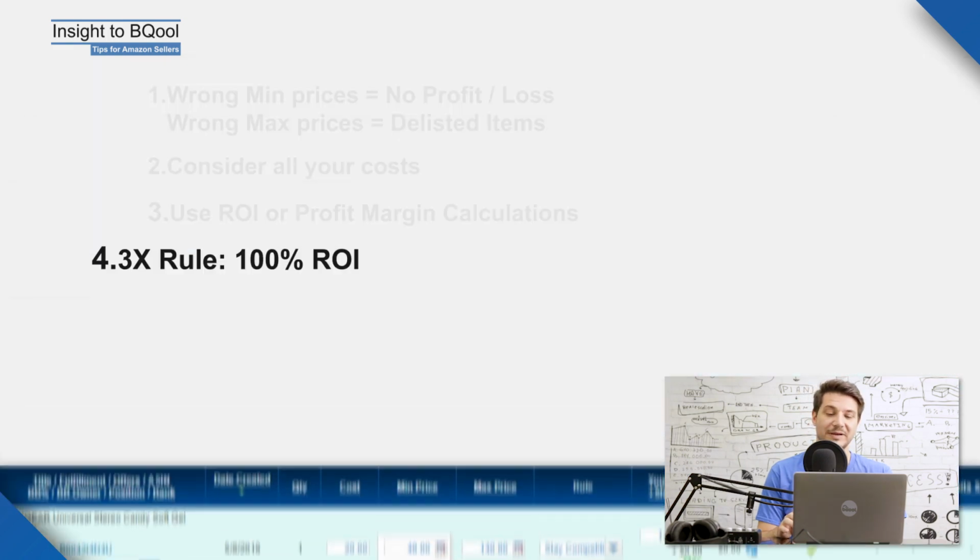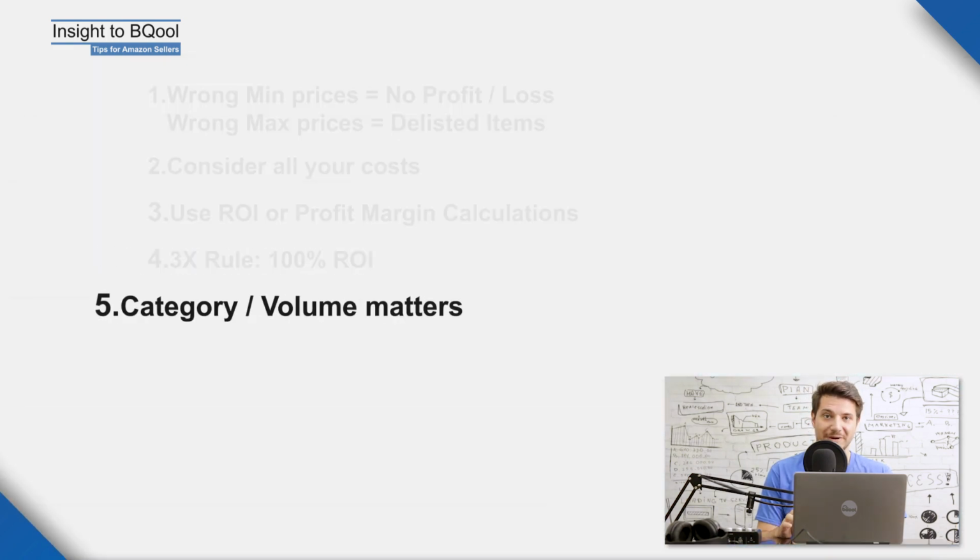For example, depending on the category of your product, you might not get enough sales if you have an ROI this high. So for some items, especially the ones with a low price and very high volume, you might want to stay a bit lower, because what you don't make in profit on single items, you're going to make up with volume. So just play with the numbers and see how high or how low you can go depending on the category and on the profit.